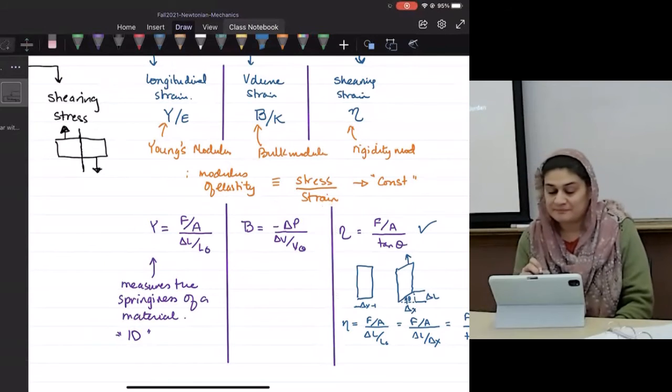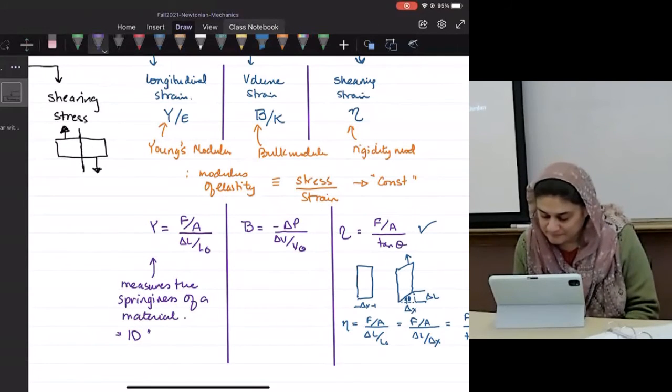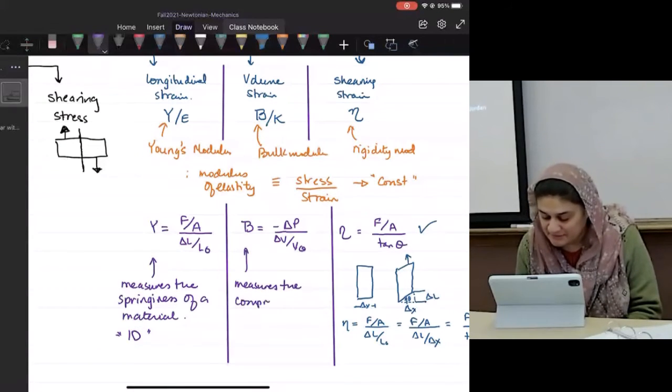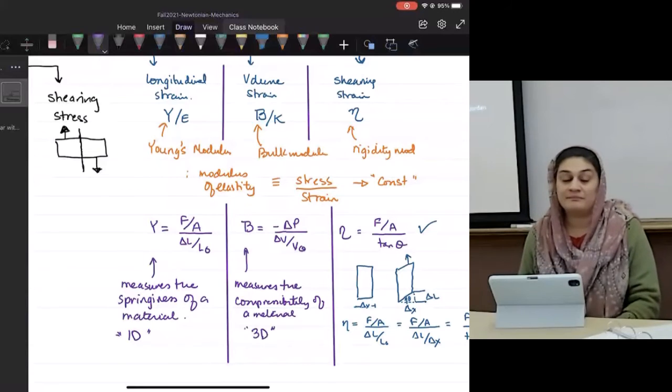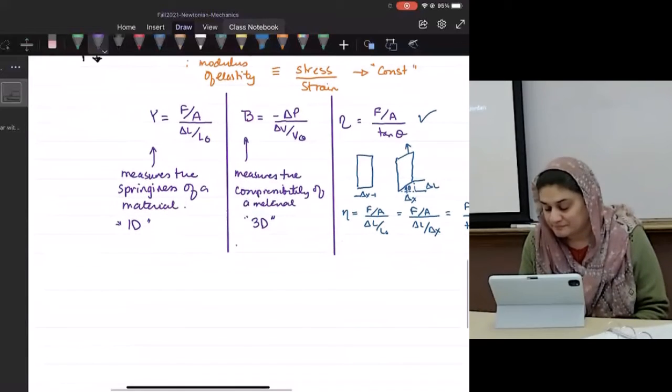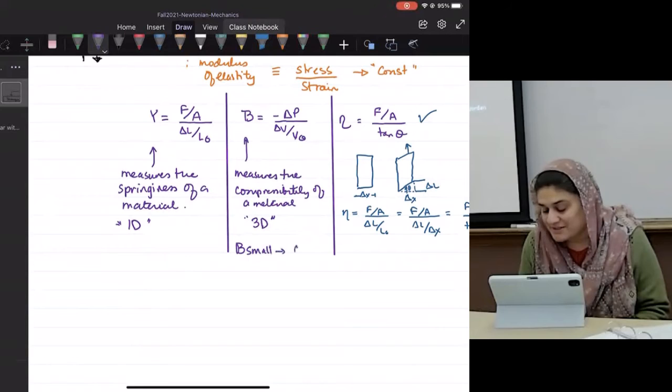Bulk modulus measures the compressibility of a material. And this is in 3D. When B is small, the object is compressible.